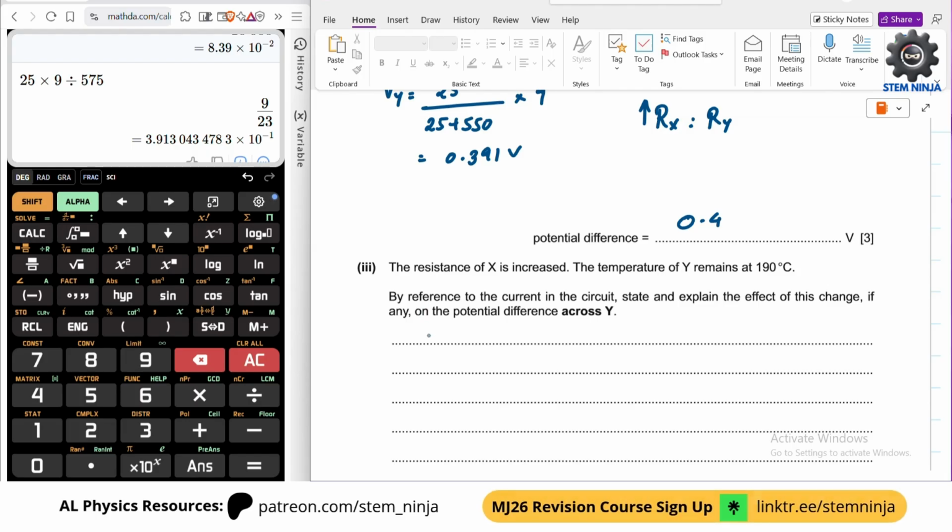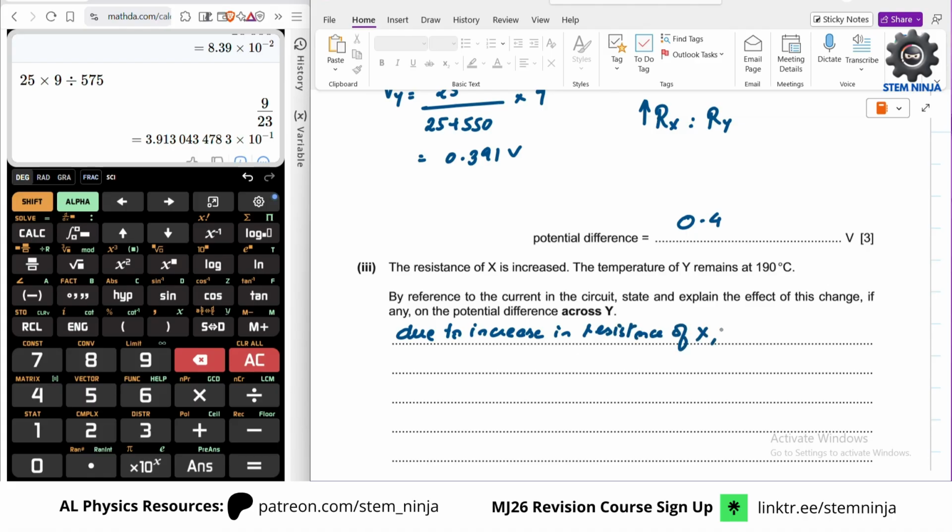Now we need to make sense of it. Due to the increase in resistance of X, the net resistance of the circuit increases, causing a decrease in current through the circuit.